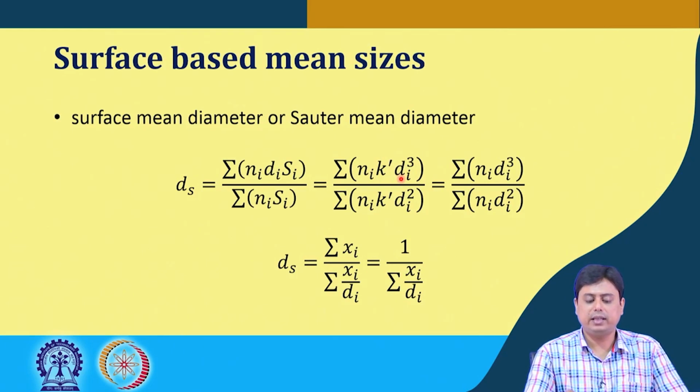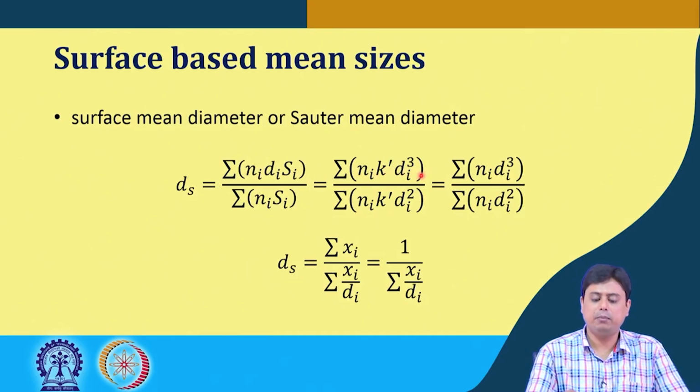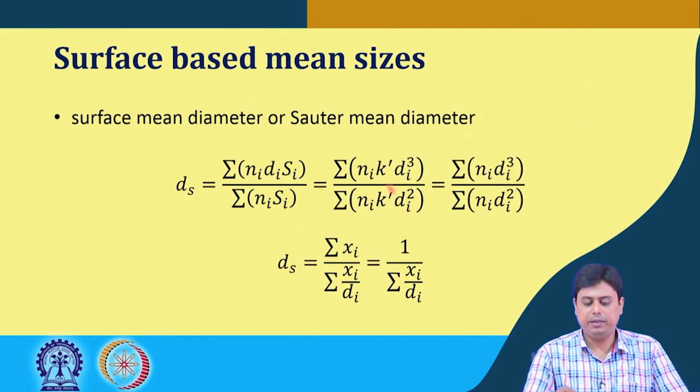We can have this expression, that is ni was there already and s is related with k prime di square. So, ni k prime di cube, and at the denominator similar expressions, but here it is di square. Since this is a constant term, it is eliminated from numerator as well as the denominator. So, we get this expression as the mean diameter or the Sauter mean diameter, surface mean diameter.